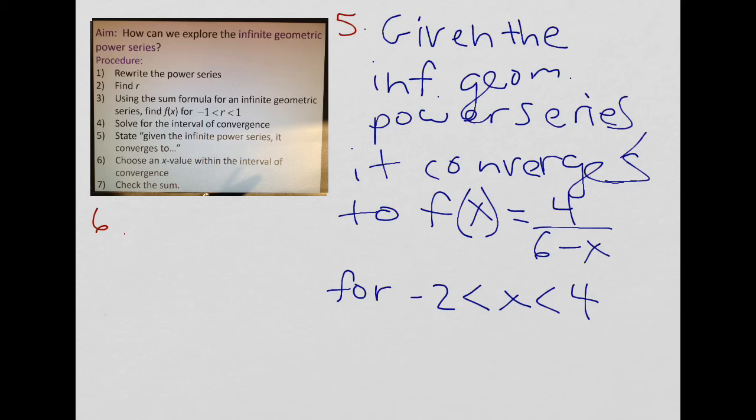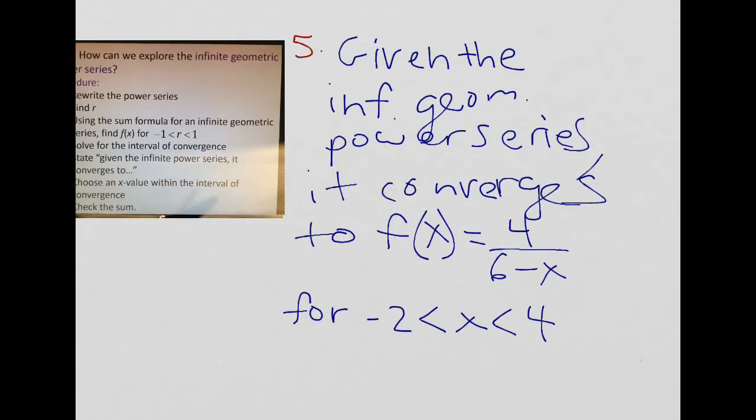We're going to choose an x value within the interval of convergence. So let's say x equals 0. This is a good value for x because it's not the center. I'm going to go back to what that means. So number 6, and actually number 7 kind of ties together.